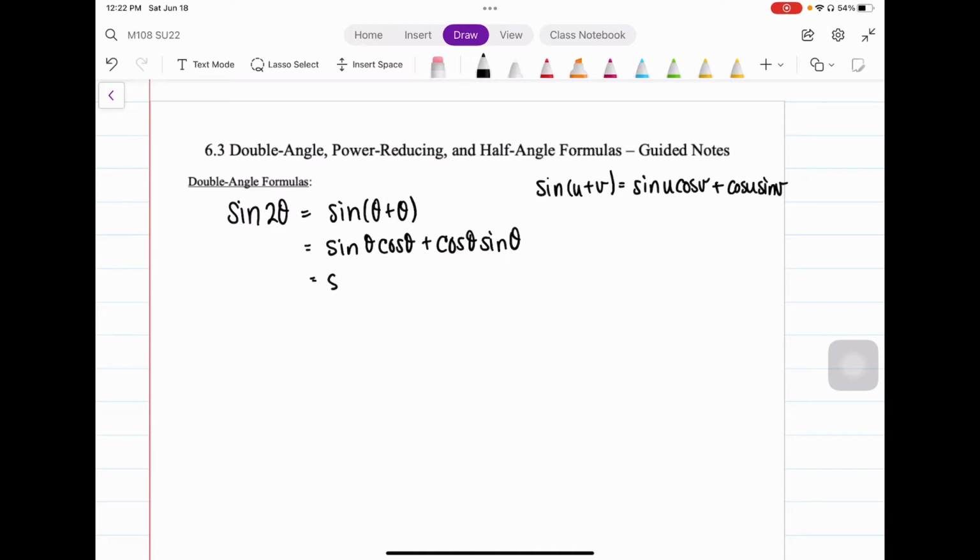Rewriting them in the same order, I have sine of theta, cosine of theta, plus sine of theta, cosine of theta, which is the same thing as 2 sine theta, cosine theta. So the double angle formula, sine of 2 theta, is equal to 2 sine theta, cosine theta.